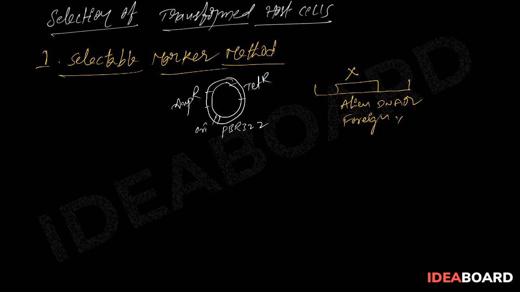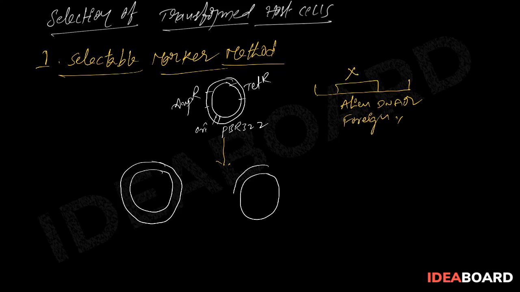After transformation, generally all the plasmids do not cleave though we applied the restriction enzymes, so two kinds of vectors will be created, that is altered and unaltered vectors. Let us consider this one is the altered vector.